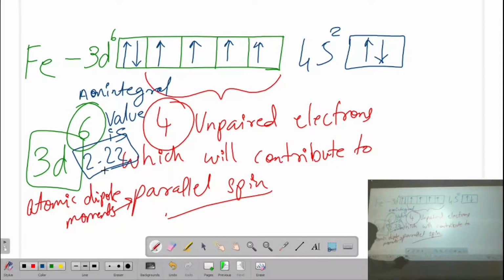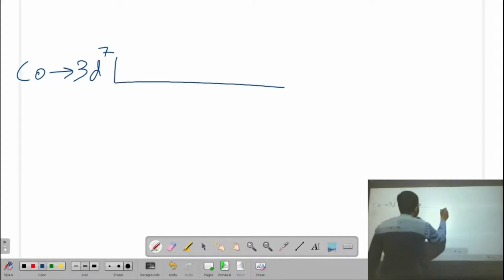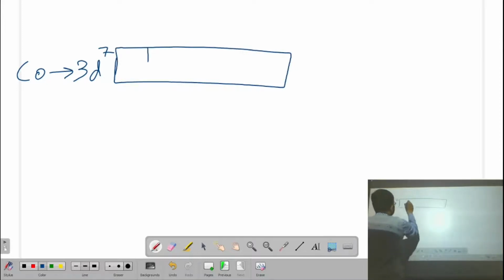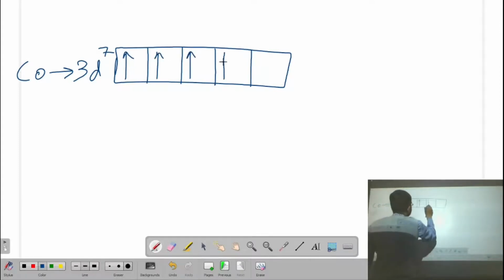Now similarly we can have it for cobalt, that is having 3d7. One, 2, 3, 4, 5, 6 and 7.